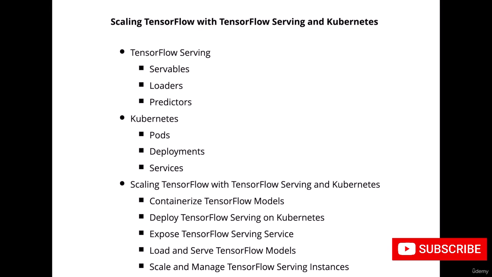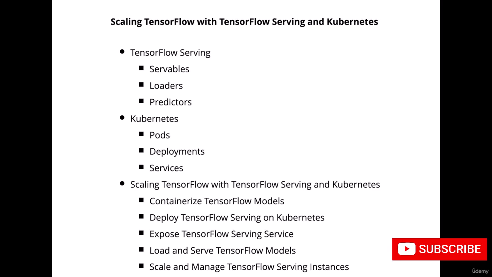Scaling TensorFlow with TensorFlow Serving and Kubernetes enables efficient deployment and serving of machine learning models in production environments. By containerizing TensorFlow models, deploying them as scalable services on Kubernetes clusters, and leveraging TensorFlow's serving features for model serving and versioning, developers can build robust and scalable machine learning pipelines that handle varying levels of workload and ensure high availability.